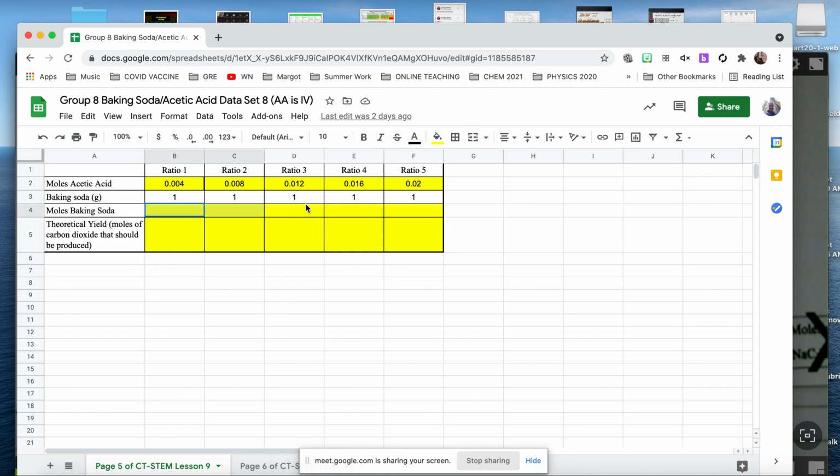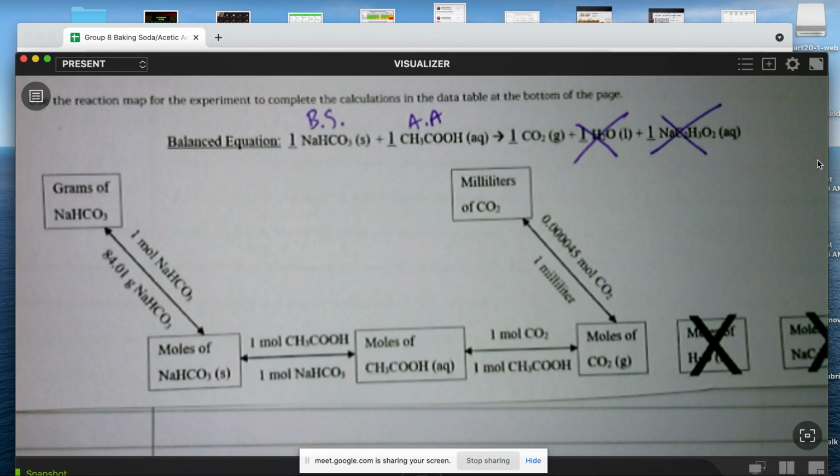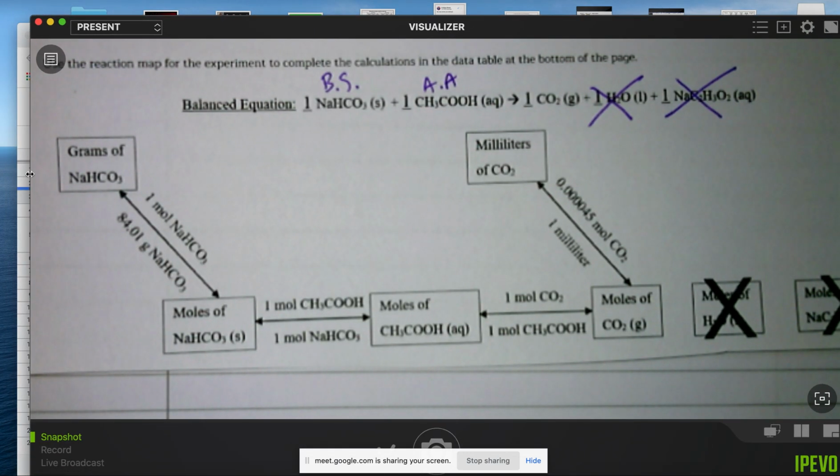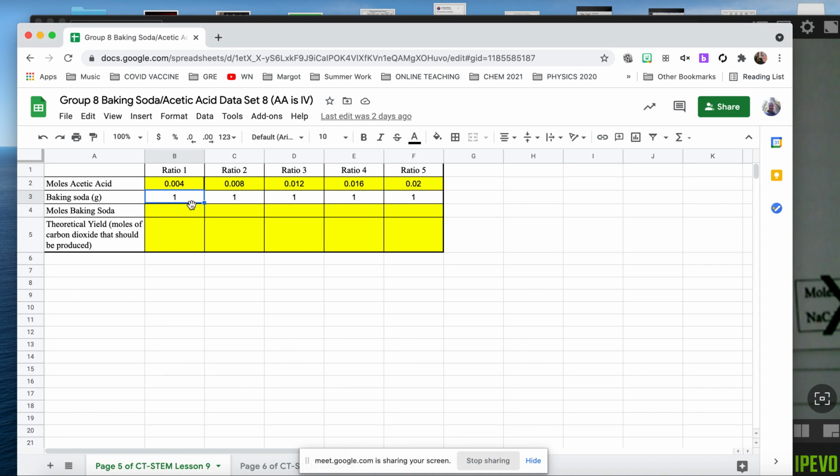We are not given moles of baking soda. So that means we need to do a conversion here, from grams of baking soda to moles of baking soda.